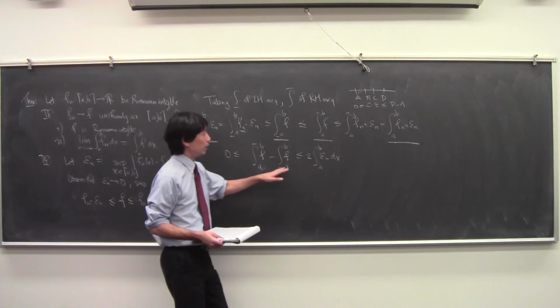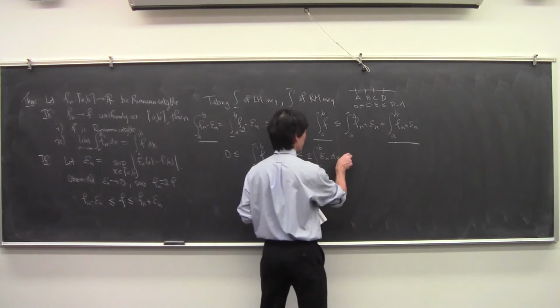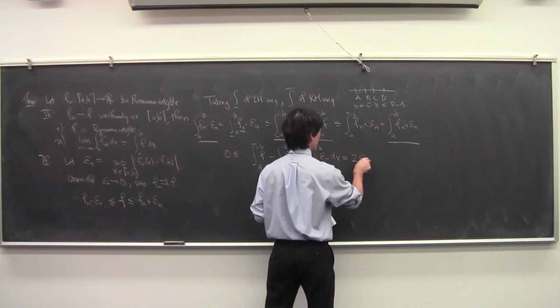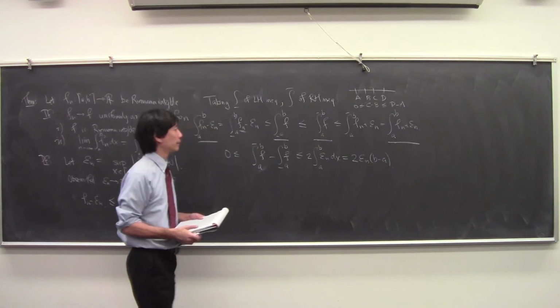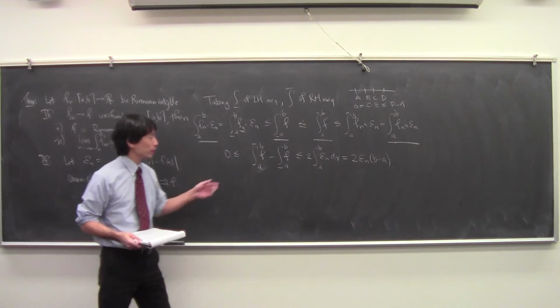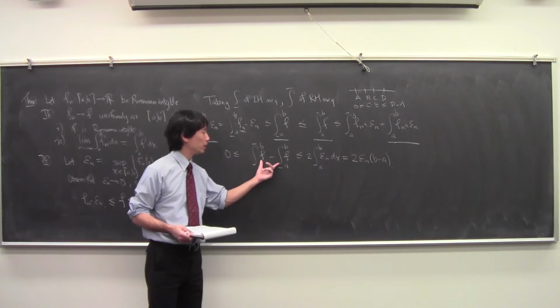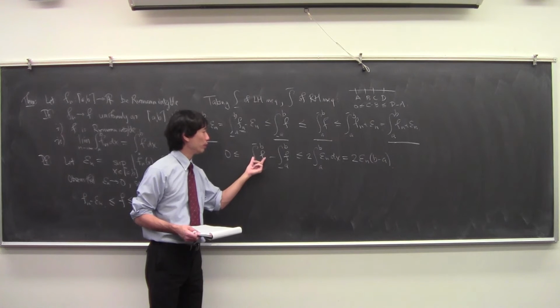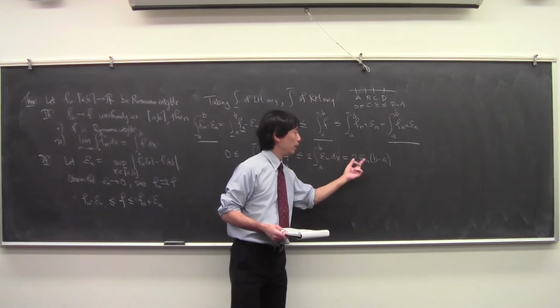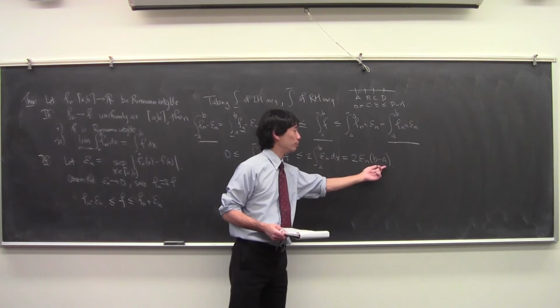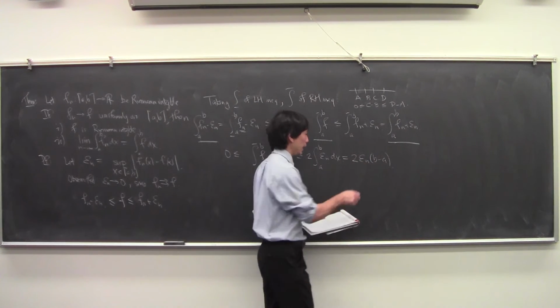But the integral of 2 epsilon n is just 2 epsilon n times b minus a. So you see what's happening, that the distance between the upper Riemann integral and the lower Riemann integral is bounded by some constant, like 2 times b minus a times epsilon n.